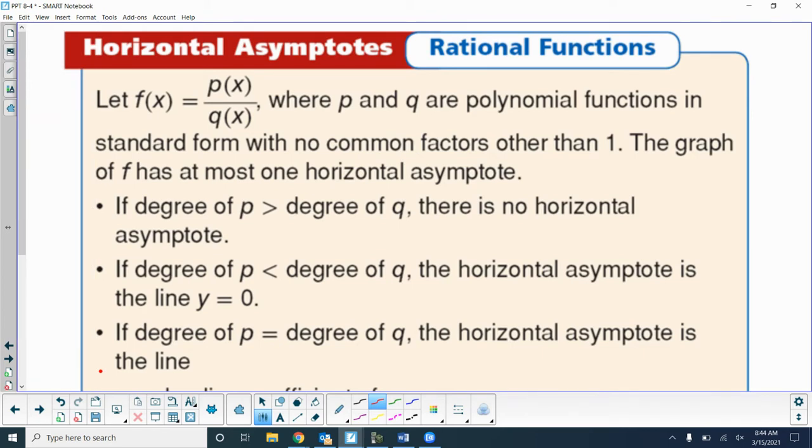If the degree of P is equal to the degree of Q, P was the top polynomial, Q the bottom one, numerator, denominator, so we got a 2 and a 2, right?